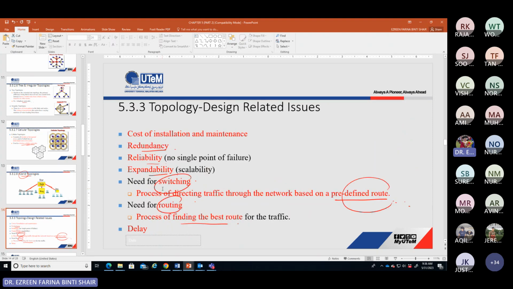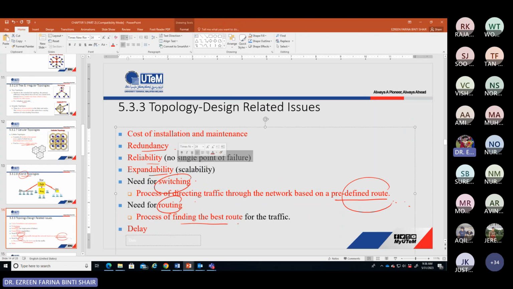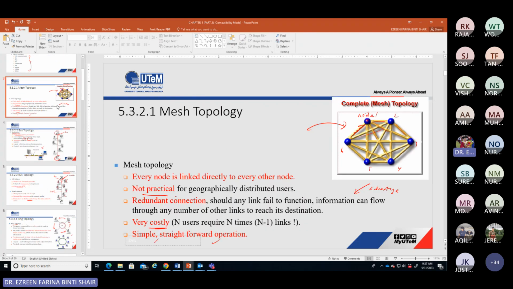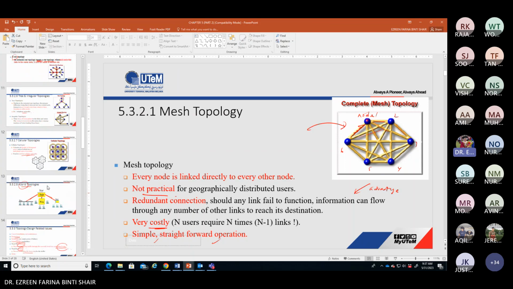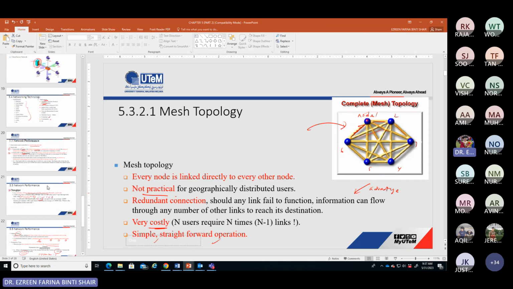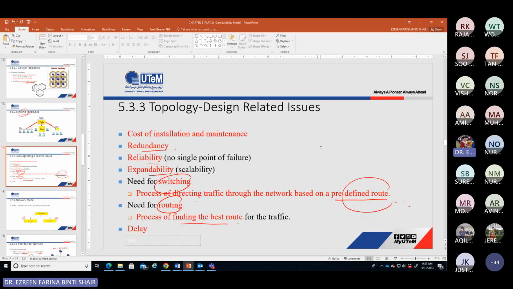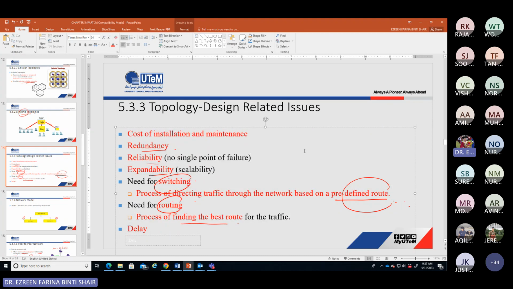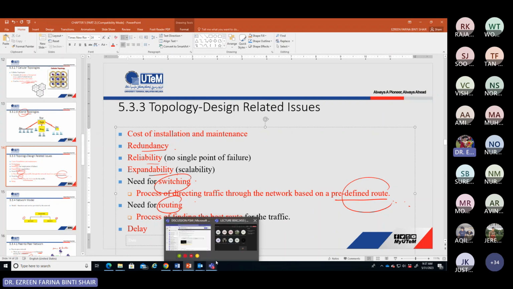But if your application stated that you don't want a single point of failure, you want a good reliability, but you don't care about the cost, whether the cost is high or not, then you can use, for example, the mesh topology over here. So this is what it means by no single point of failure. This is very important. So if you want to answer questions regarding determining the best topology to be used, you need to consider all of this and you need to be able to explain.